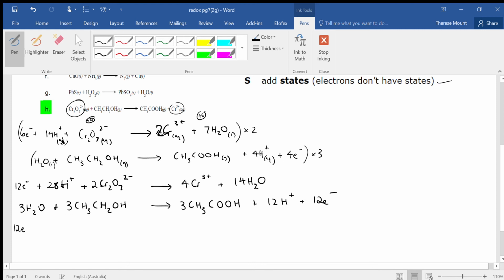So 12 electrons, 28 hydrogen, 2 Cr2O7 2 minus, 2 minus, plus 3 water, 3.